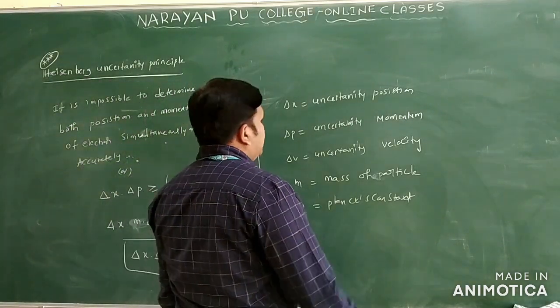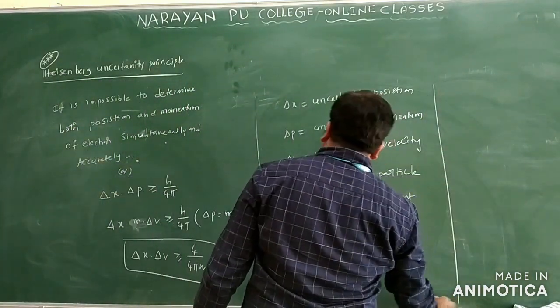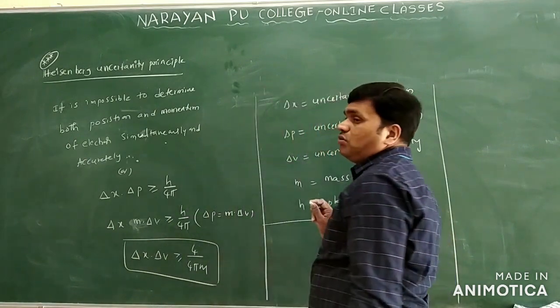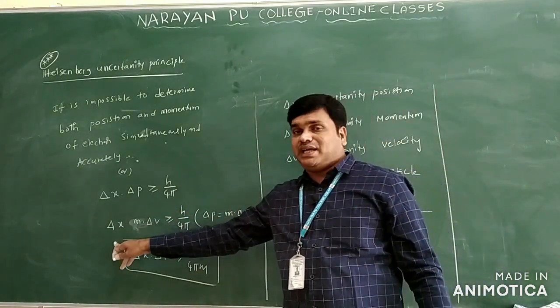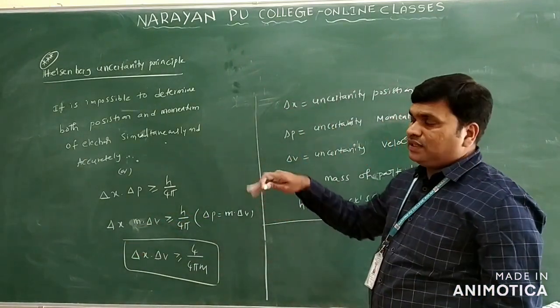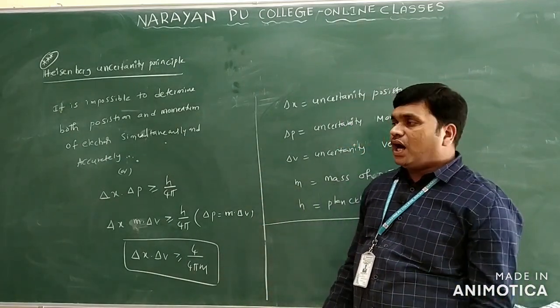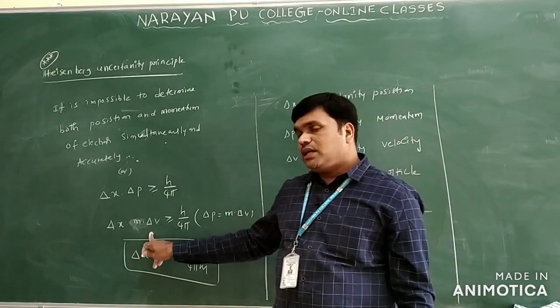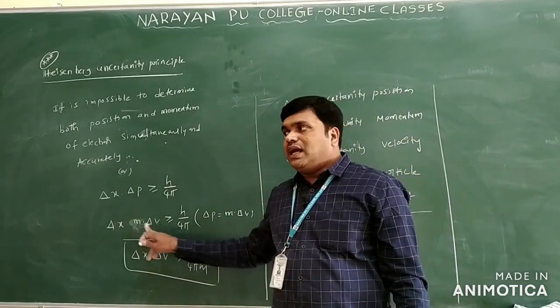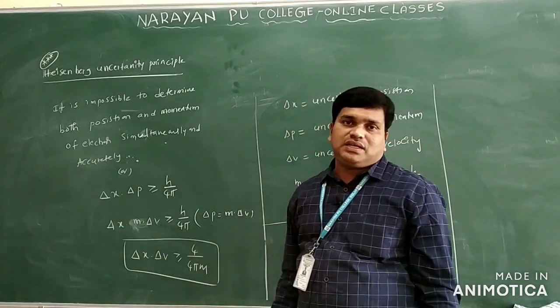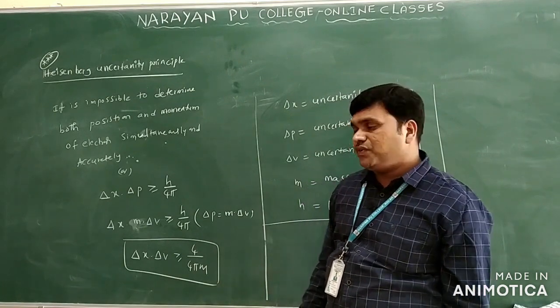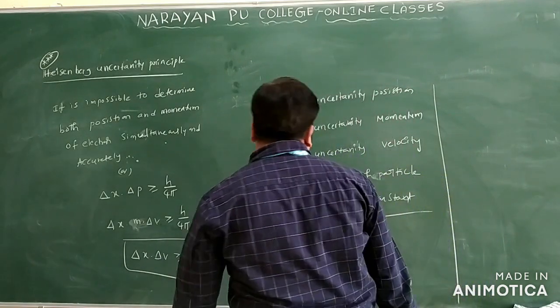Here, if you want to find out anyone with accuracy, suppose you want the accuracy of delta x, that is uncertainty in position, then the uncertainty in velocity or momentum becomes infinite. Or if you want to find the velocity accurately, the uncertainty in position will be infinite.